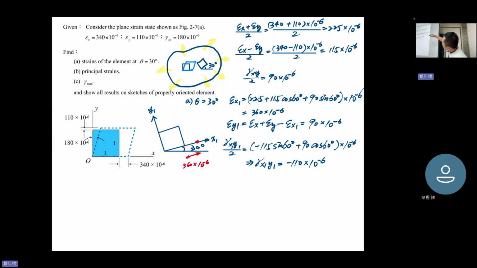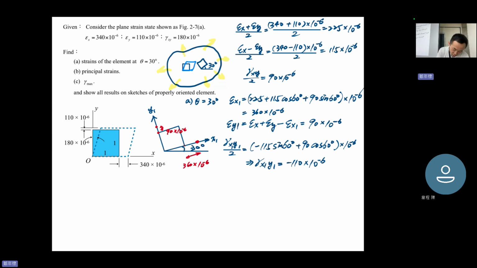Okay. Y direction 90, from this point to here, so it's 90 times 10 to the minus 6. Then gamma is minus 110 times 10 to the minus 6. So you see, positive shear strain will make it go to the right-hand side.